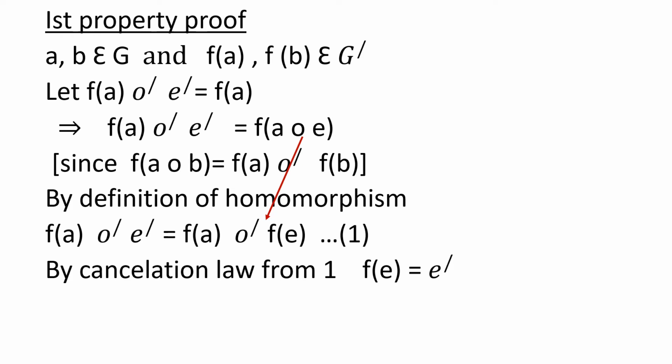This is the meaning. So f(a O e) can be written this way also, because as per the definition of homomorphism, f(a O e) can be written as f(a) O' f(e). Why? Because we know that f(a O b) splits up into f(a) O' f(b), taking e as b.